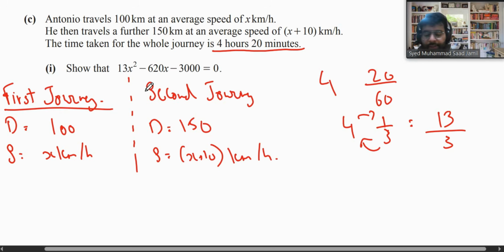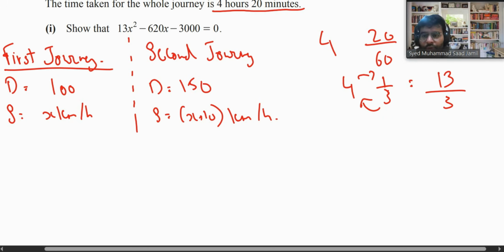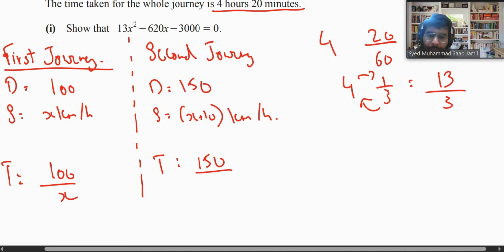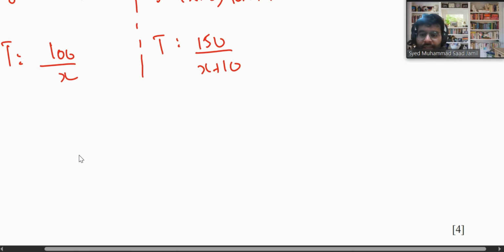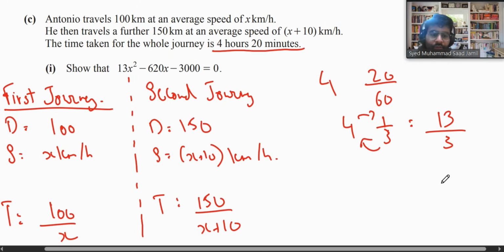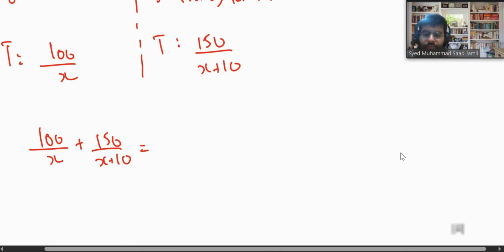Alright, now time is equals to distance upon speed, which means 100 upon x. This time, this one is 150 upon x plus 10. So when you add both the times, 100 upon x plus 150 upon x plus 10, it is equals to how much time? 13 upon 3, sorry.